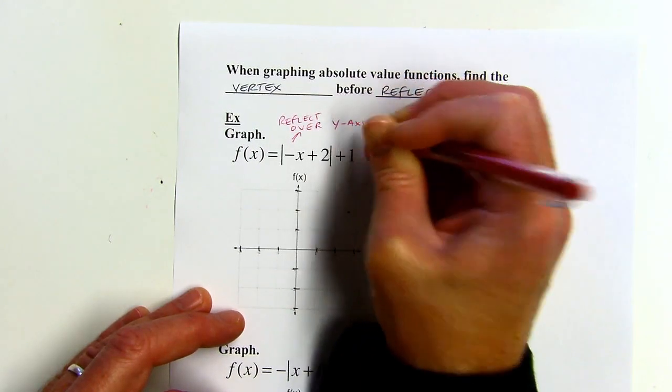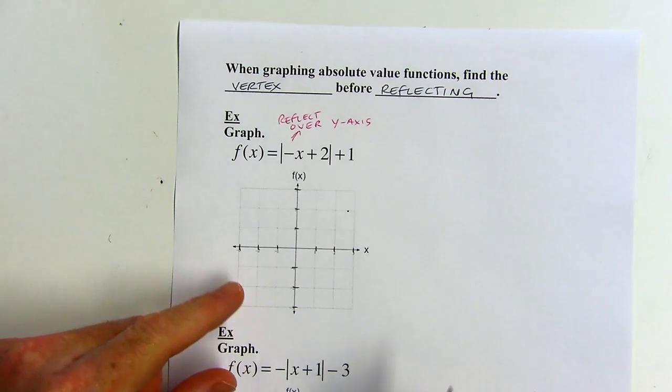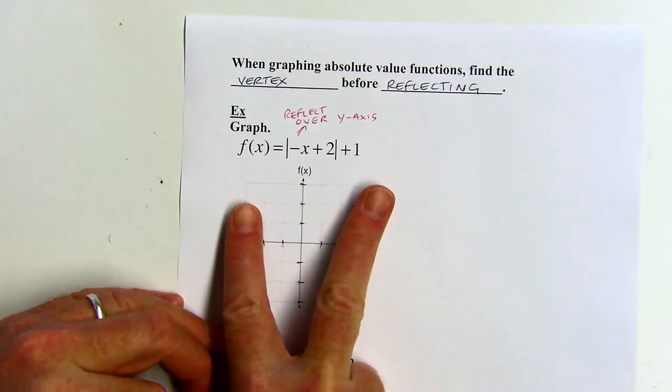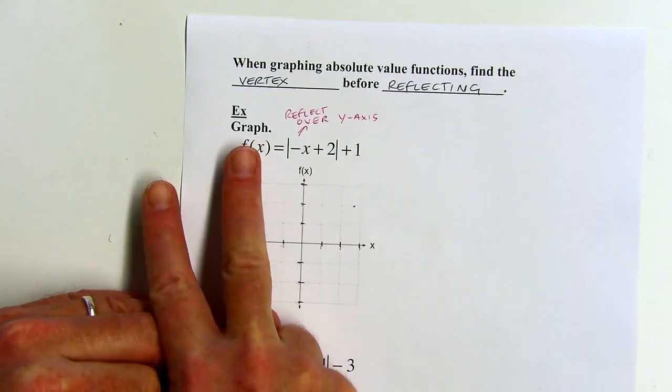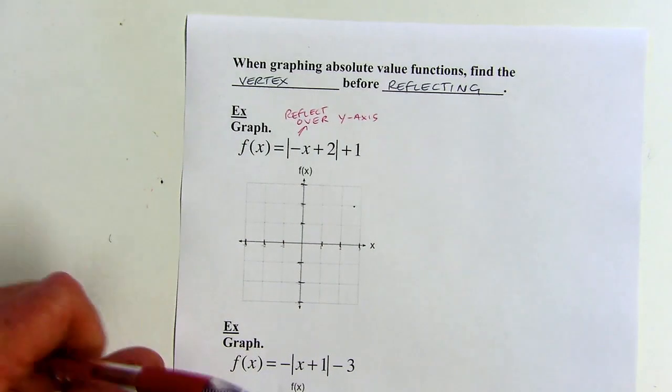But the way that I approach these problems, all you really need to know is if this opens up or down. And since it's reflecting over the y-axis, it's still going to open upwards. That's all I really need to look out for.